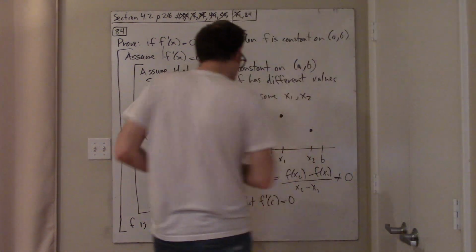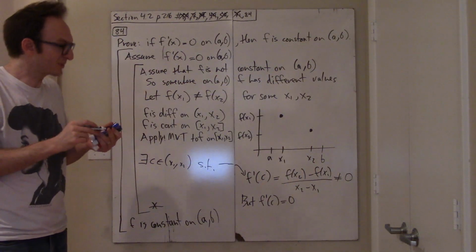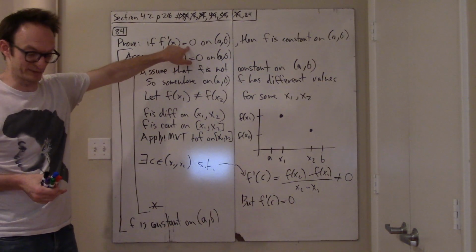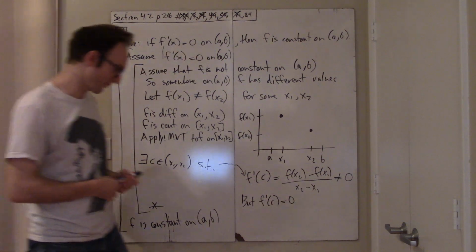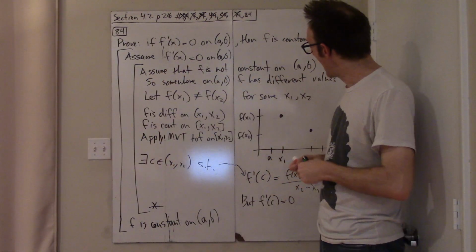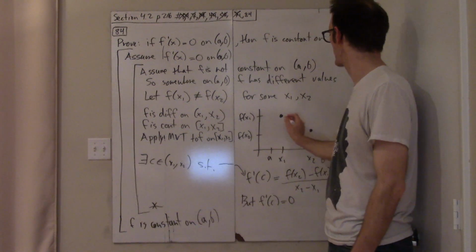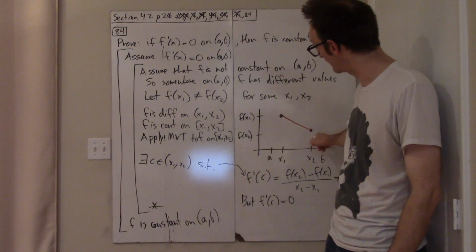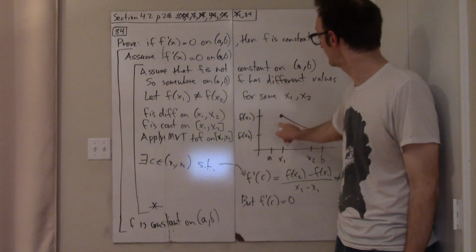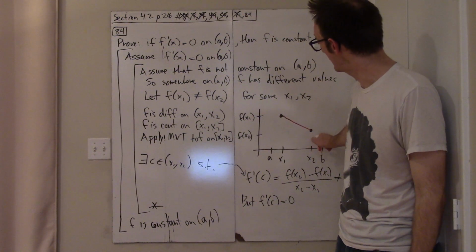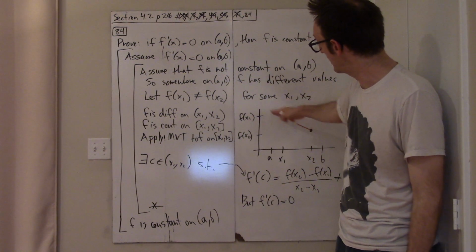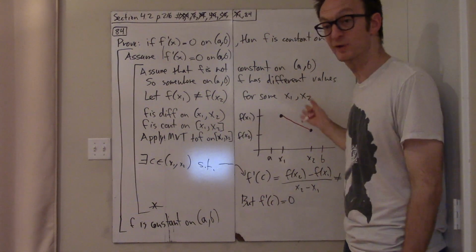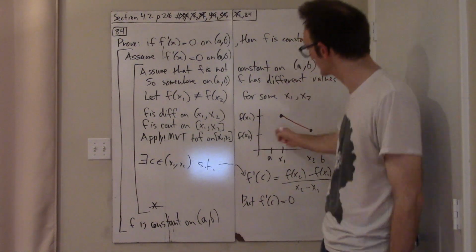This might strike you as extremely convoluted. In words, here's what this says. Suppose the derivative is 0 everywhere on an interval. Then you simply can't have the function experiencing any kind of change. Because if the function experiences any change on that interval, we can talk about the average rate at which it changes.